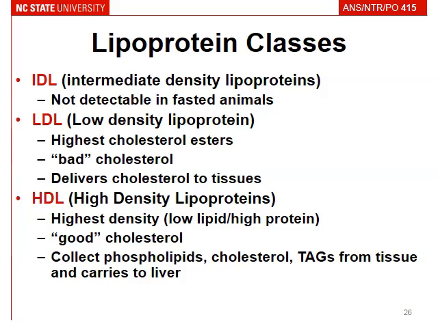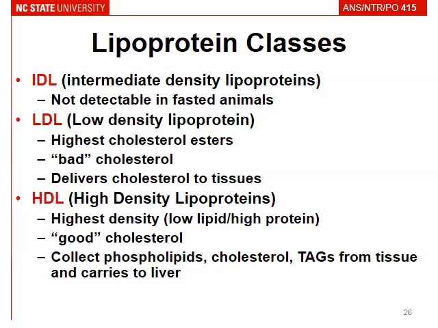And then our HDL, or high density lipoproteins, has the highest density of protein within that phospholipid compartment. So it has a low lipid, high protein ratio. And this is what we deem good cholesterol. So why is it good? Because it is collecting any excess phospholipids, cholesterol, and triglycerides from the tissues, and it carries them to the liver.